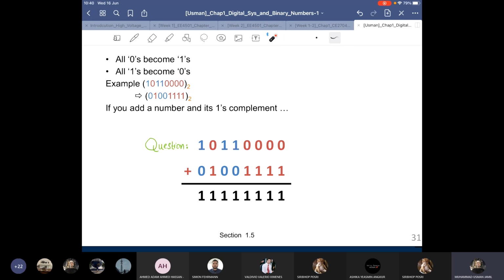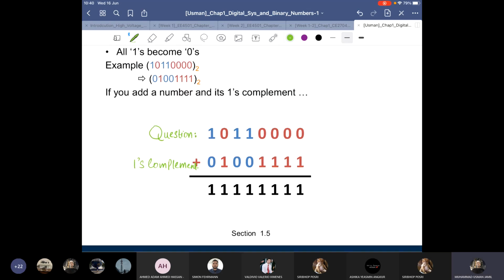Now we want to find the ones complement of the question. Okay, so ones complement, using the shortcut I just taught you: 0 becomes 1, 0 is 1, 0 is 1, 0 is 1, 1 is 0, 1 is 0, 0 is 1, 0 is 1.